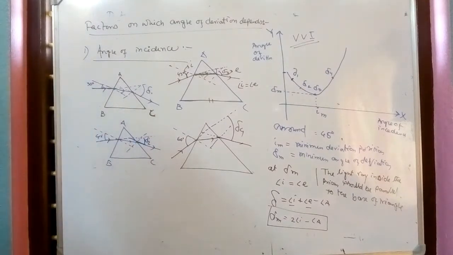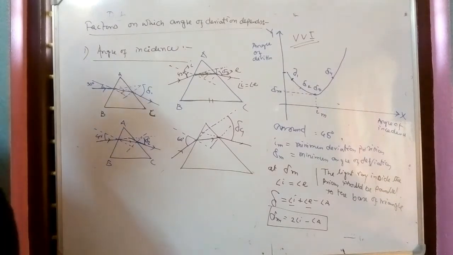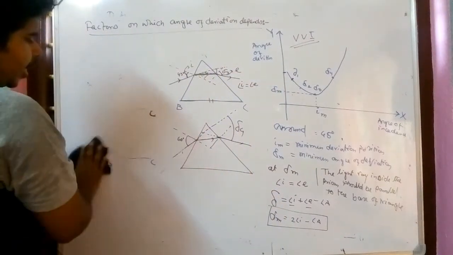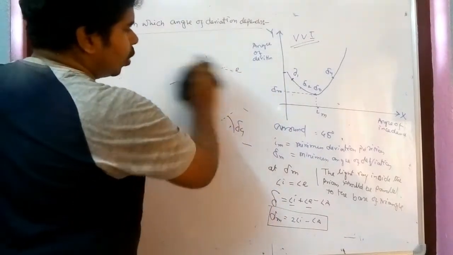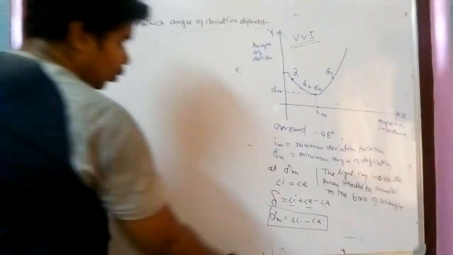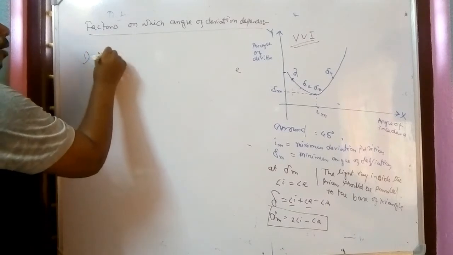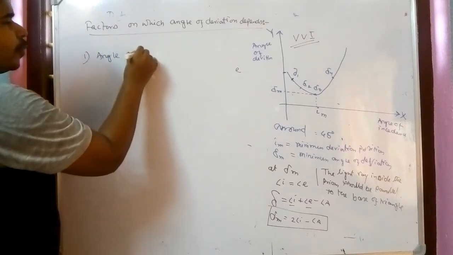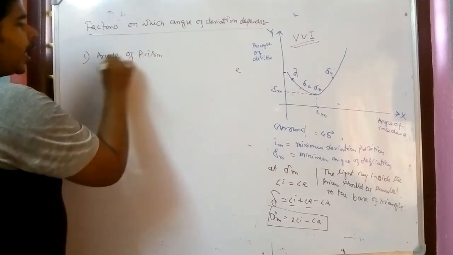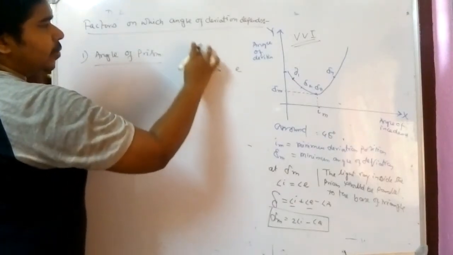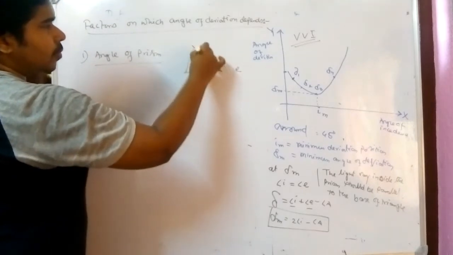That is the first factor on which the angle of deviation depends. Now coming to the second factor, which is also experimentally proved. The other factor is the angle of prism. If I draw an angle, this angle is known as the angle of prism.